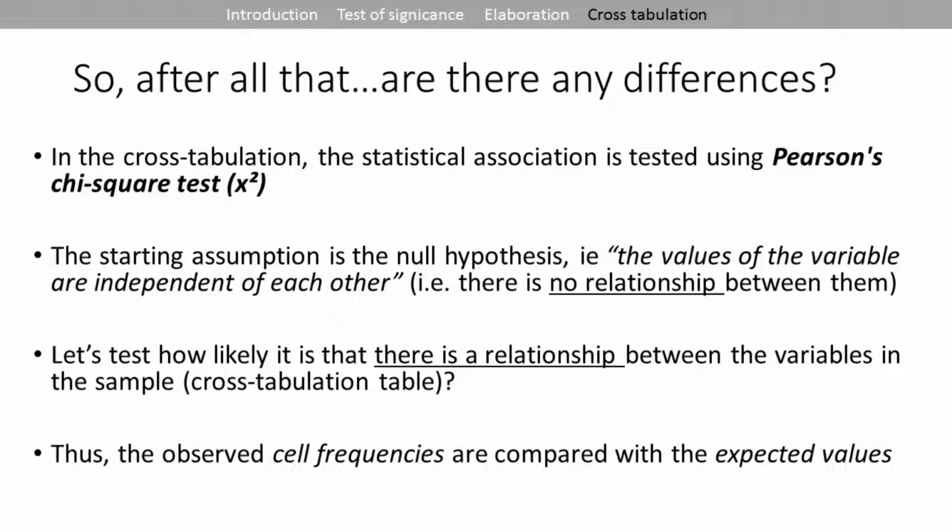We are going to test that relationship, whether there is a relationship between the variables in the sample and of course in our cross tabulation table. Thus, the observed cell frequencies are compared to the expected values, and I'm going to go through how they work.